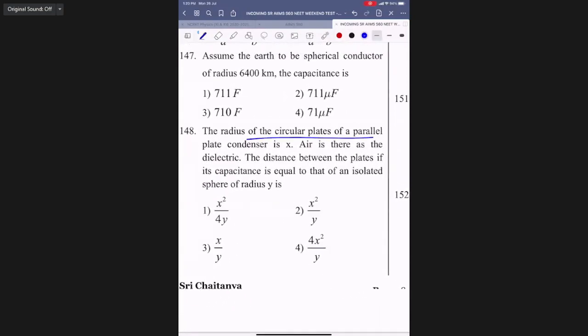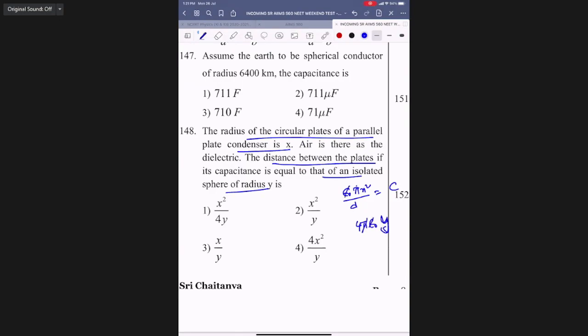The radius of circular plates of a parallel plate capacitor is x. Air is the medium. So pi x square epsilon naught by d, this is the capacitance. The capacitor is equal to an isolated sphere of radius y. Then this is equal to 4 pi epsilon naught y. Correct?